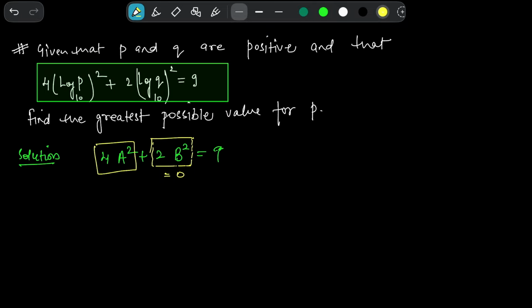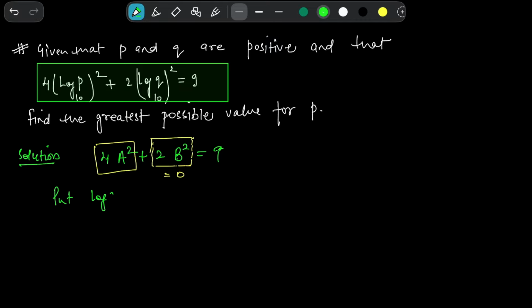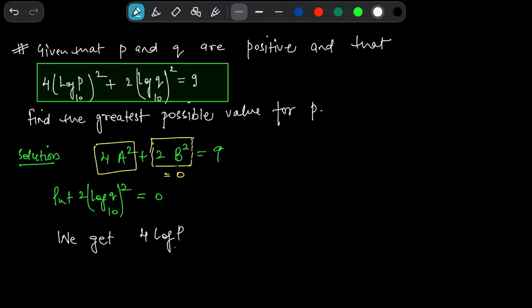So I'm going to do it in the same way. I will put log q with base 10 whole square at coefficient 2 equal to 0. Once we put that equal to 0, we get 4 times log of p with base 10 whole square equal to 9.